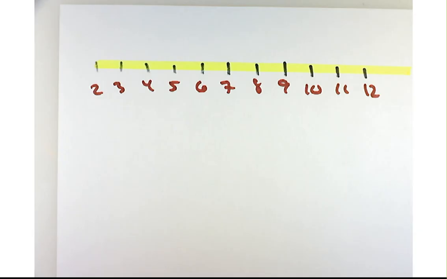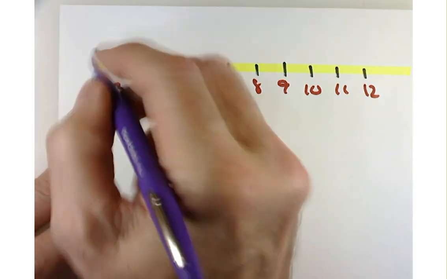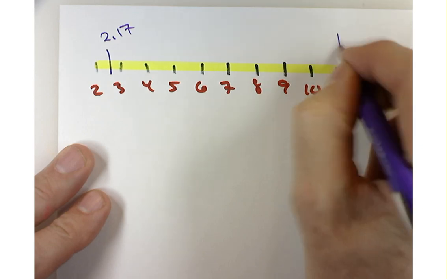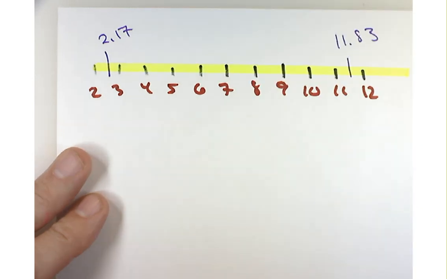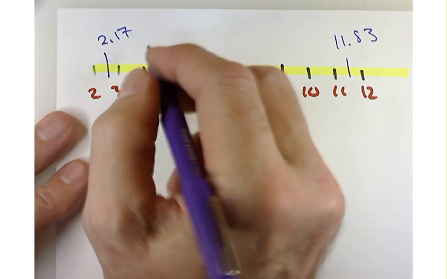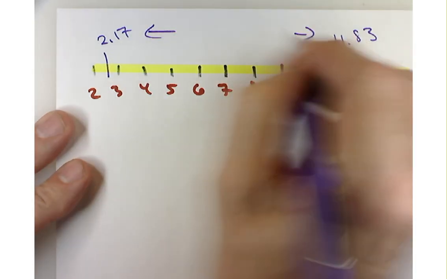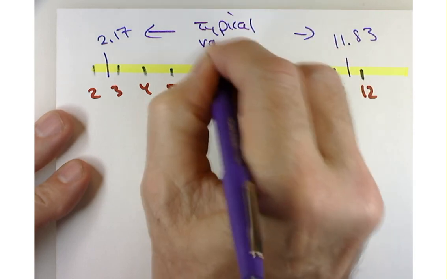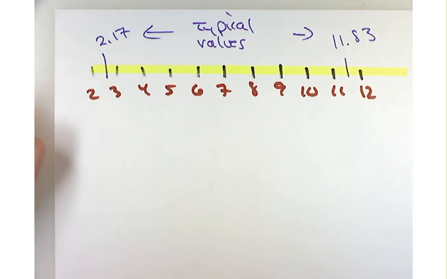So from 2.17 to 11.83, these are your typical values. And I hate calling it that. They're just not unusually high or unusually low.